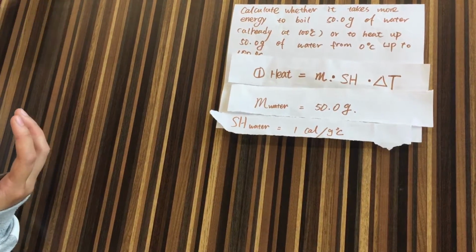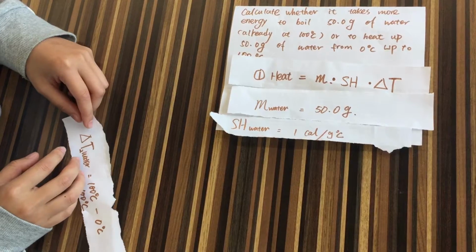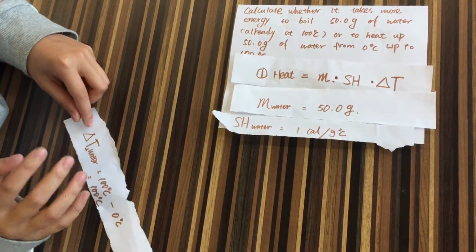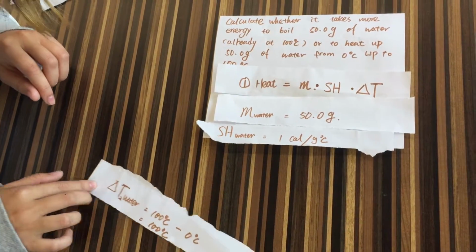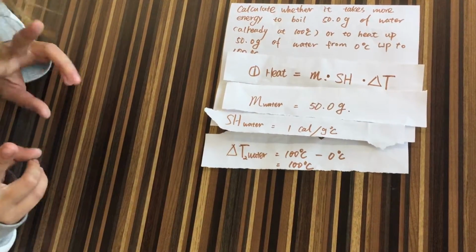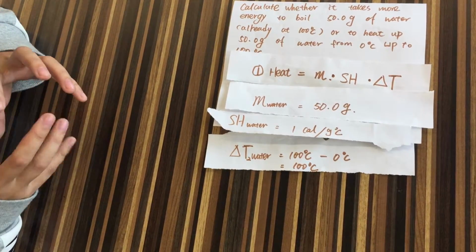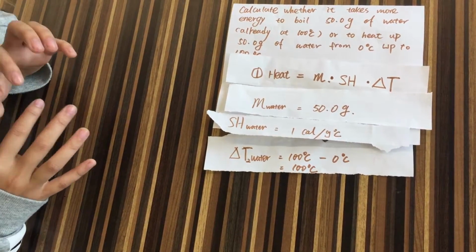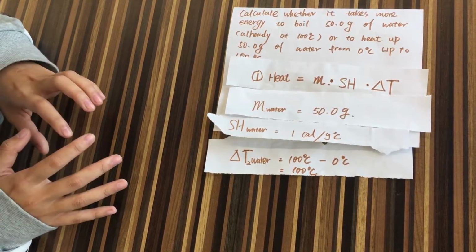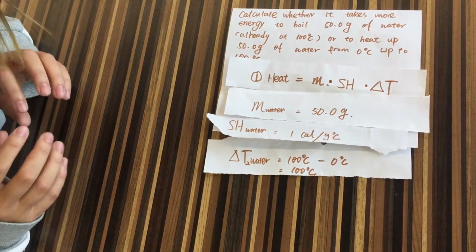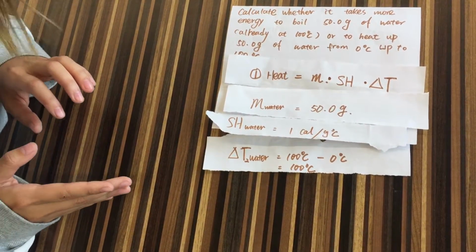However, we change the temperature change. The second temperature change is the final temperature minus the first temperature. The final temperature is 100 degrees minus the first temperature of 0 degrees, so we get 100 degrees.